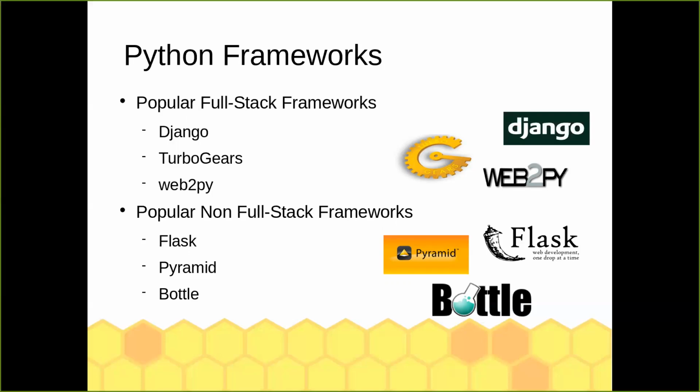It offers request dispatching routes with URL parameter support, templates, a key value database, a built-in HTTP server, and adapters for many third-party WSGI HTTP servers and template engines, all in a single file and with no dependency other than the Python standard library.